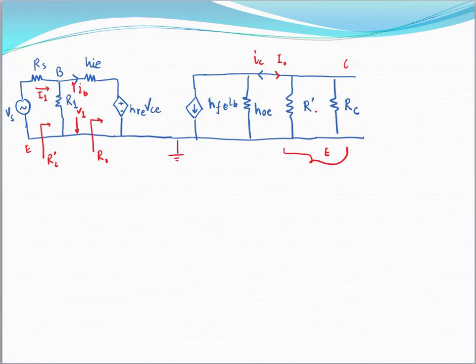The value of R dash parallel to RC, we will consider it RL dash, because it is acting as a load now. So this is the final picture, the hybrid model of this circuit.